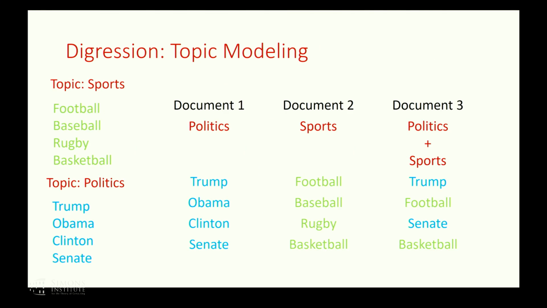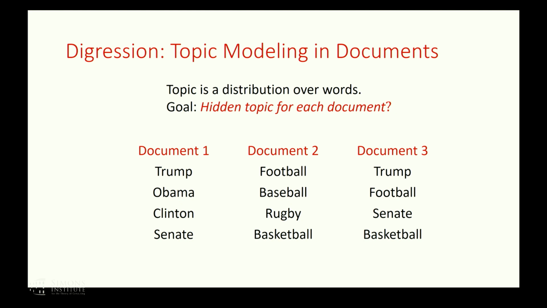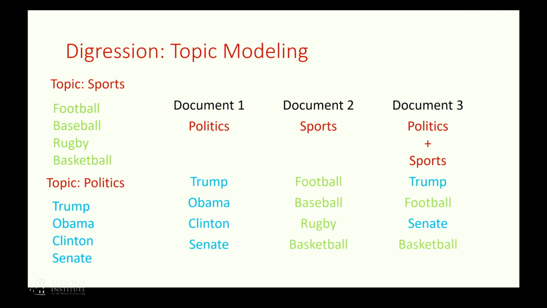In topic modeling, you give these documents as input, and the output is that there are 2 topics here. Of course, machine learning will not be able to say this is sports or this is politics. Maybe it will, but basically the output is that there are 2 topics here. Document 1 is generated by topic 1. Document 2 is generated by topic 2.